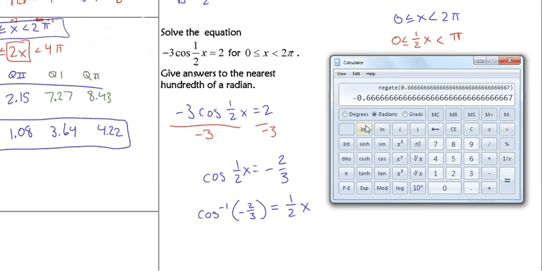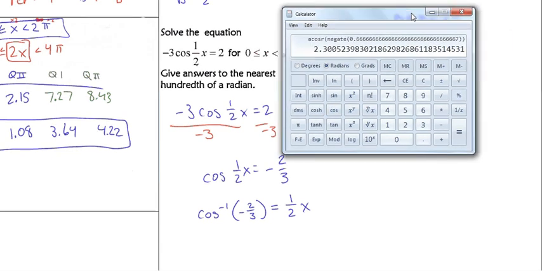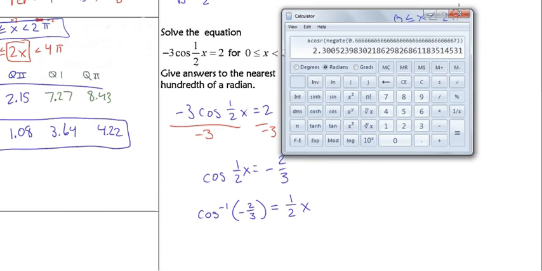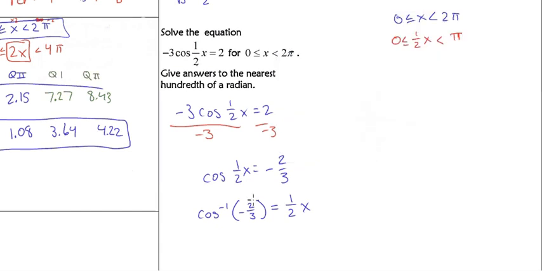And we're going to take the inverse cosine, and it gives us 2.3 radians. So let's see, 2.3, that's the inverse cosine of negative 2/3, is equal to 1/2 of x.